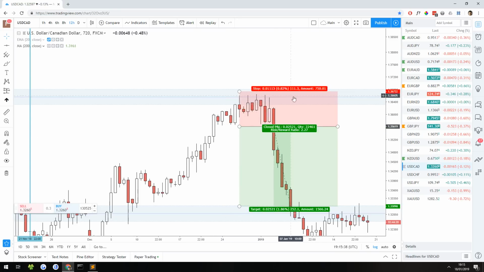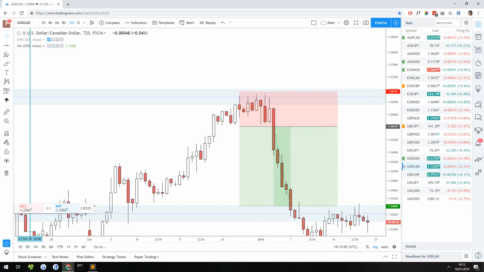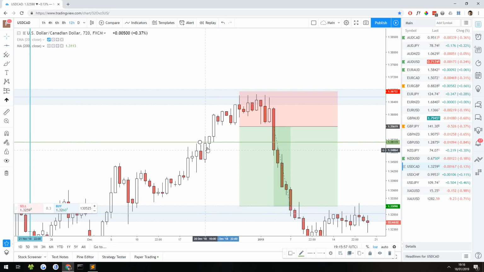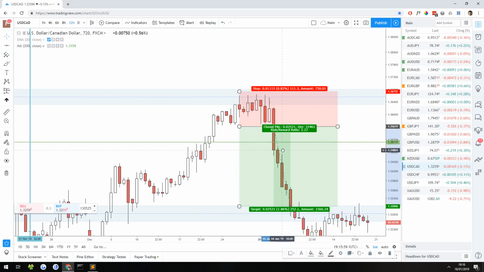It's further away. Now, there's obviously a bit of a balancing act here, because we can look at all these lows. We could look at the low of this candle and say that's a significant low. And if we were to enter below there, let's put a line here, that would be even extra confirmation.